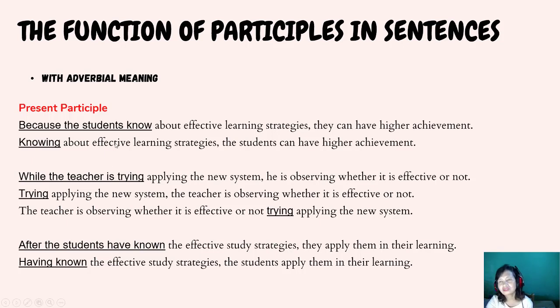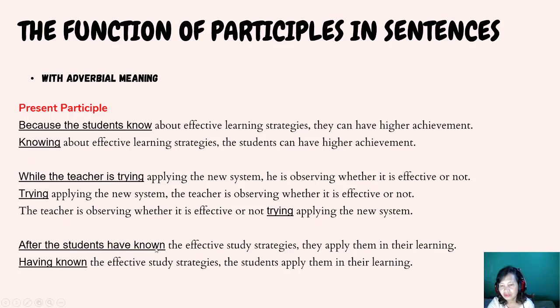Of course, you must understand the meaning through the context, whether it shows the time or whether it shows the cause. So if the sentence shows cause and effect, of course it is "because." But if it shows the time, then you have "while" and "after." And then for "after," you have the present perfect or the past perfect. It depends on the time.